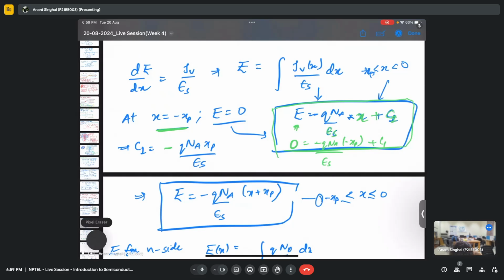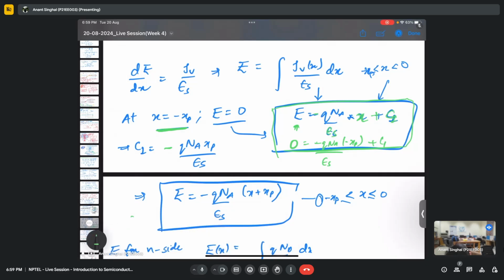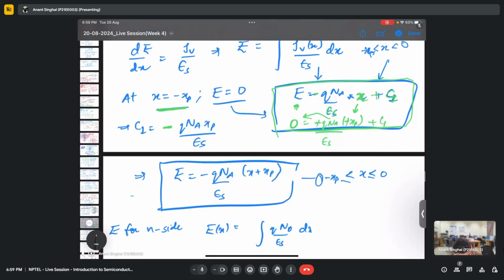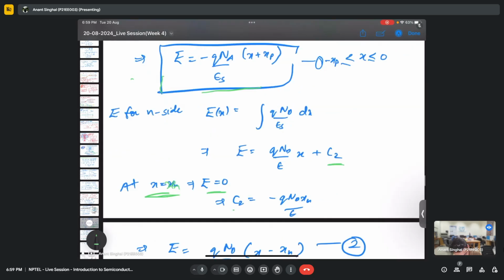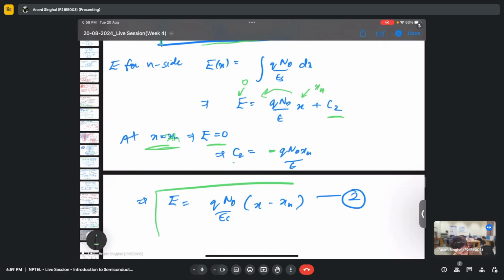Yeah, so I have put minus, sorry, and I have put the value of x as minus xp. So this minus and minus is getting plus and it is going to the LHS. That is why finally I have a minus. Okay, so that is how I've got the electric field for the p side. And similarly for C2, I've put x as xn and E as 0. If it goes to the LHS, it will be minus. So I have it for both the sides.